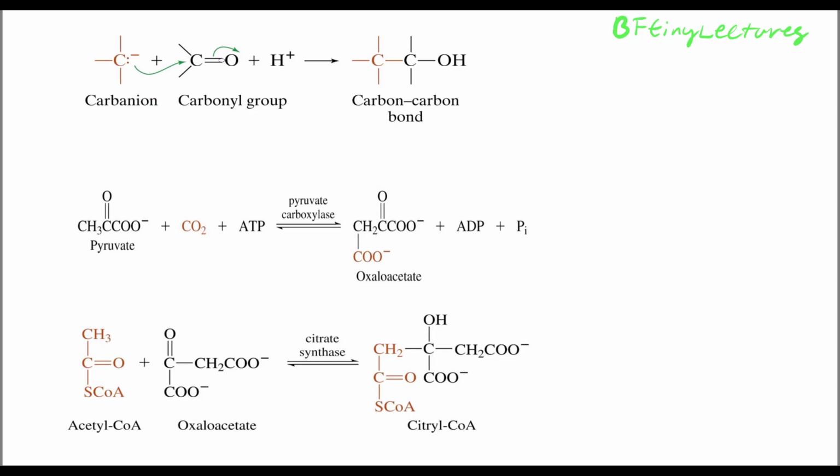And it's going to attach itself to the carbonyl group of a molecule, right? And the reason why it wants to do this is because this carbon right here is going to be stabilized by the electronegativity of this oxygen. So it is stabilized by the induction effect.